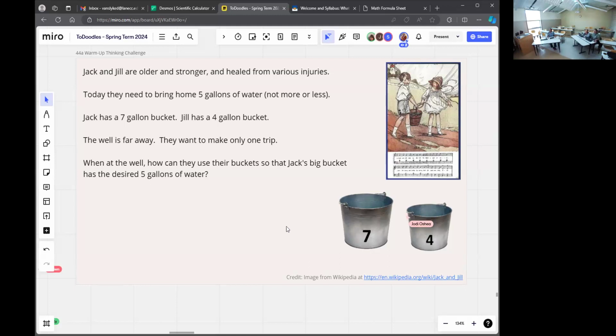Go ahead. Yeah, so how are we gonna use the buckets? We can fill up 7, we can fill up 4, we can pour water from one bucket into another bucket. So you need to bring home 5 gallons of water, not more or less. Right, and so Jack has a 7 gallon bucket and Jill has a 4 gallon bucket.